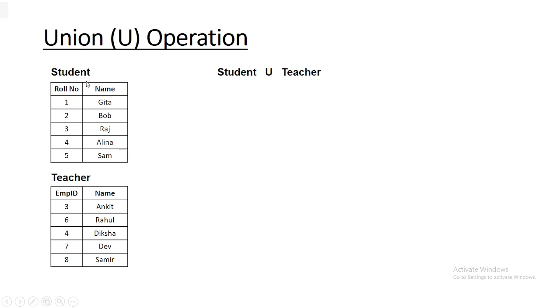Now we have two tables, student and teacher. The student and teacher tables each have two columns. Student has roll number and name, teacher has employee ID and name. So how do you represent student union teacher?